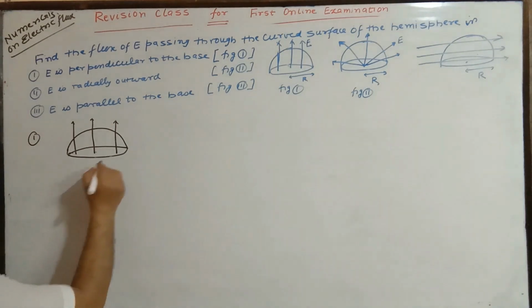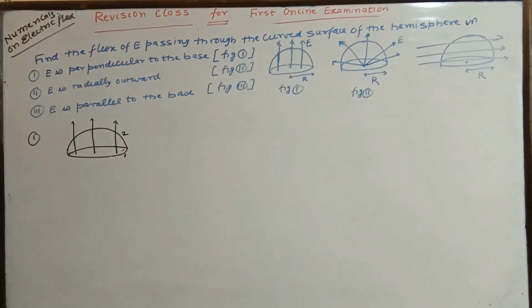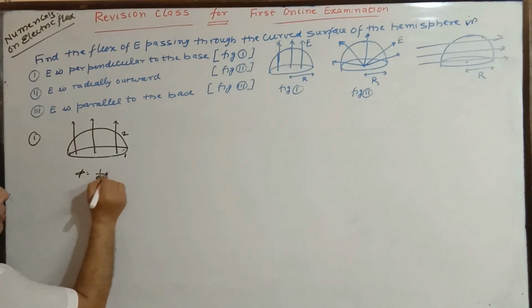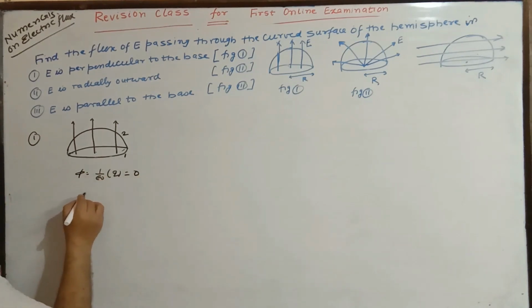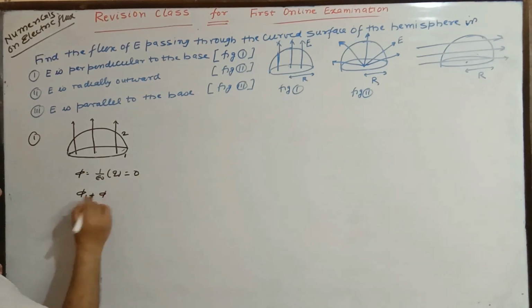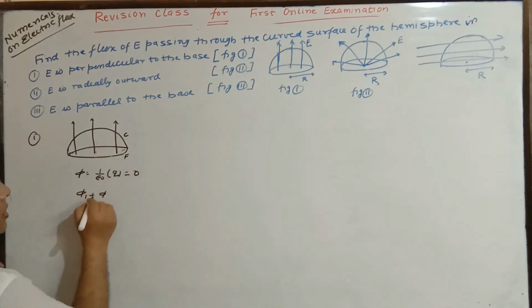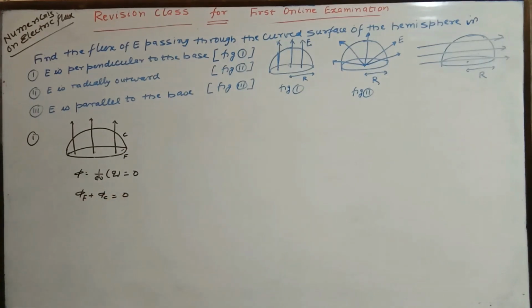This is surface number 1, the flat surface, and this is surface number 2, the curved surface. We know that total flux is equal to 1 by epsilon naught times charge enclosed. There is no charge enclosed, so it is 0. So phi due to the flat surface plus phi due to the curved surface is 0.